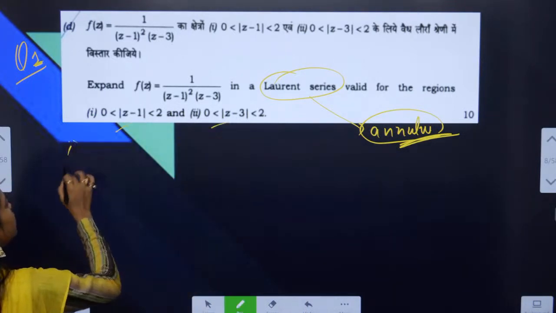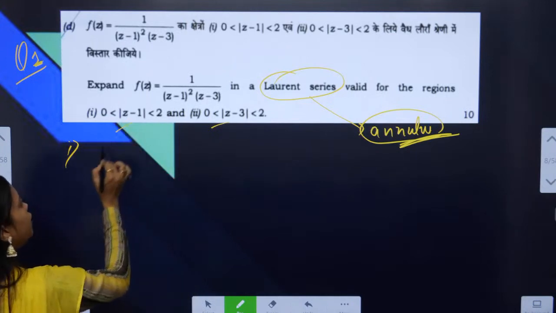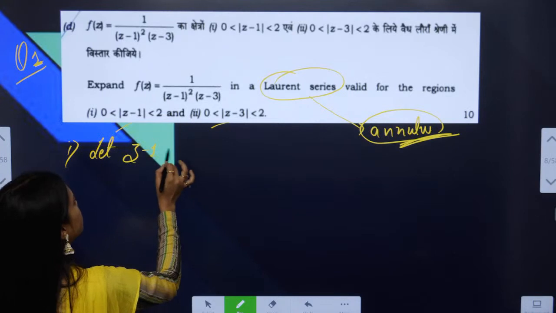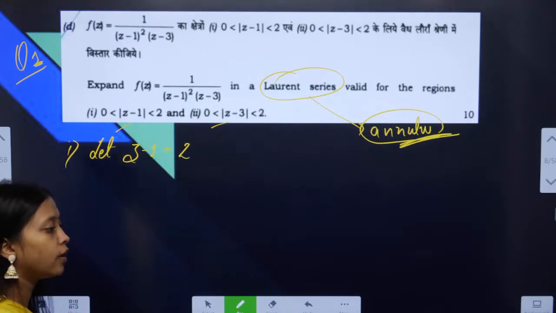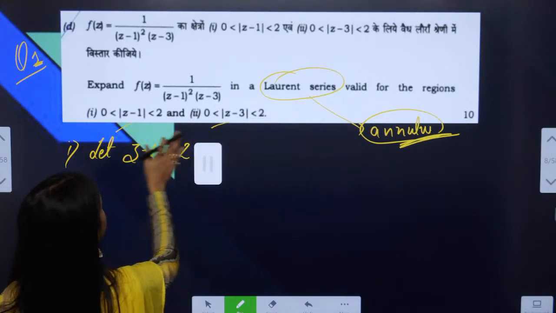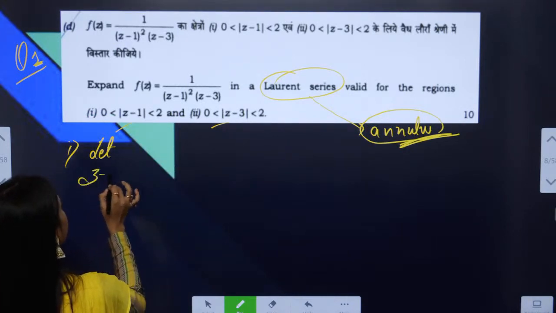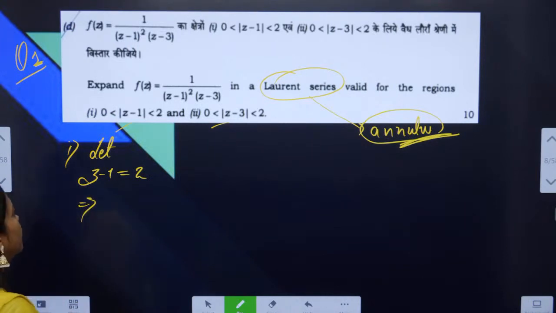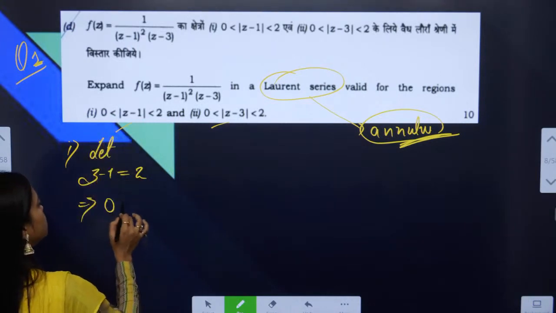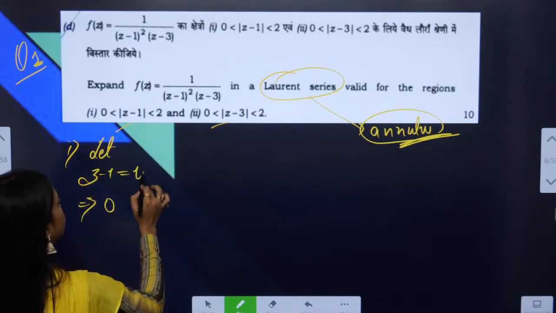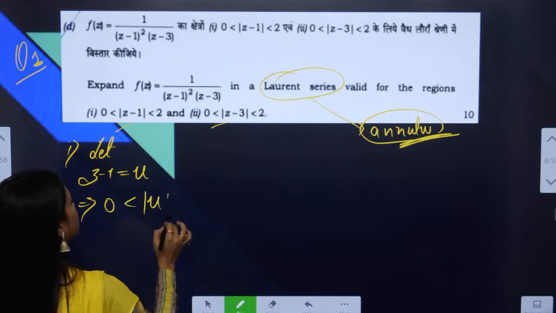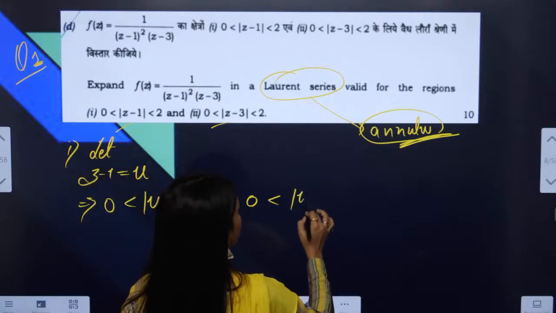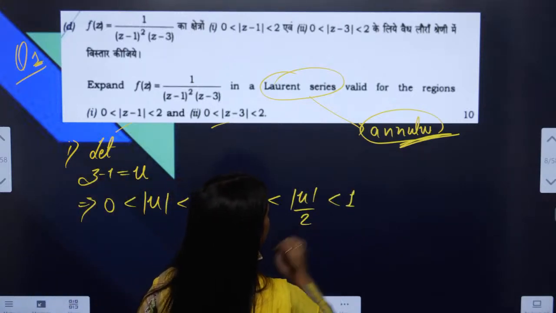For the first part, you see, in the starting let z minus 1 is equal to u. In that case, your first condition becomes, sorry, this is u, so it becomes 0 less than modulus of u by 2 less than 1.